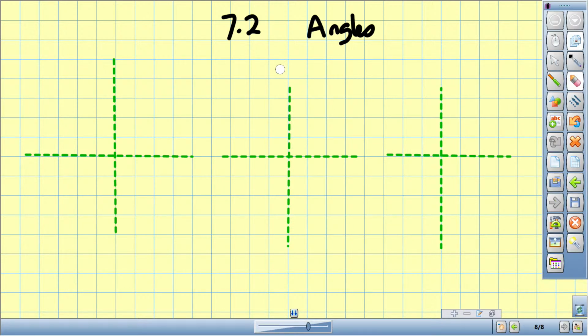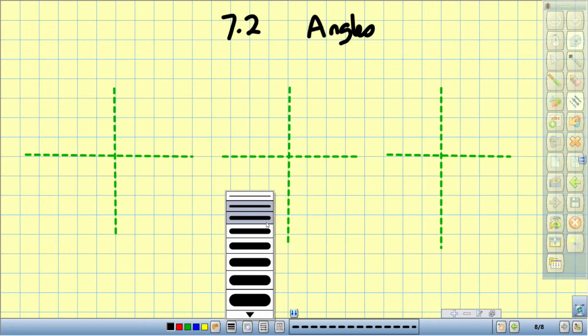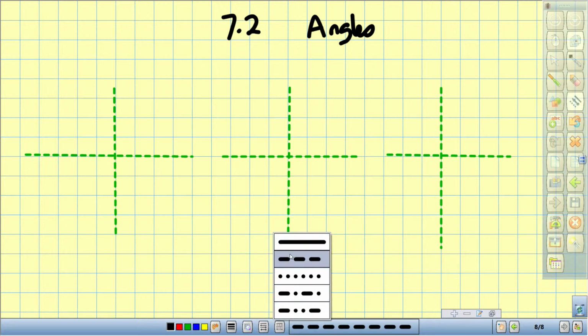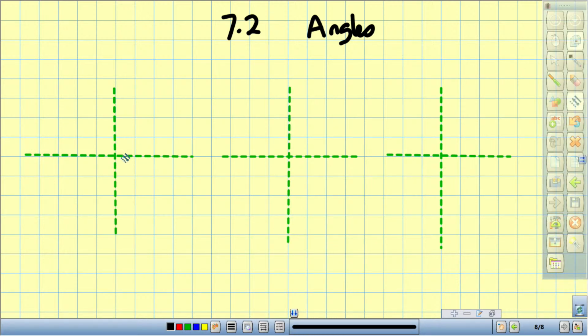You start graphing angles by having something called the initial side. Where do you start? That's your initial side. So I'm going to start here, initial side. Initial side is on top of the x-axis.